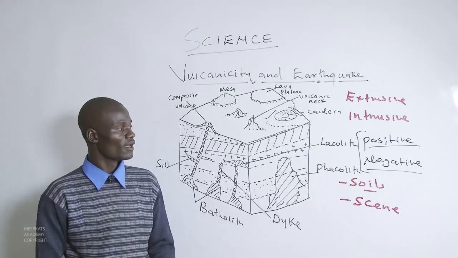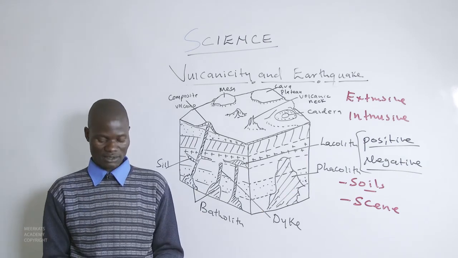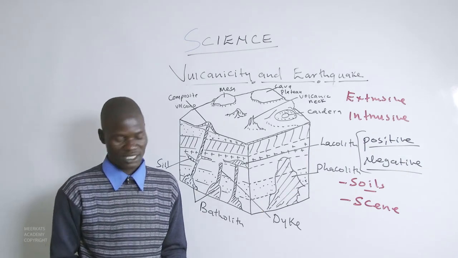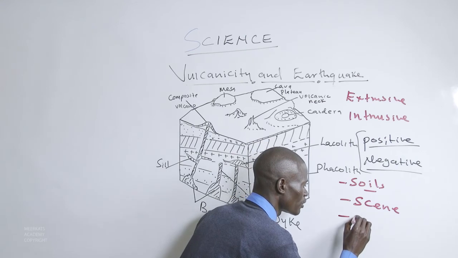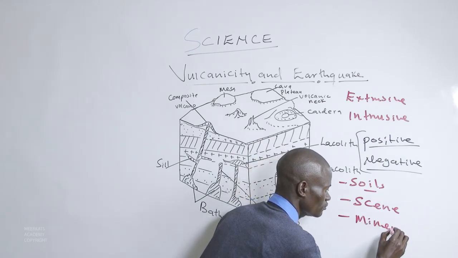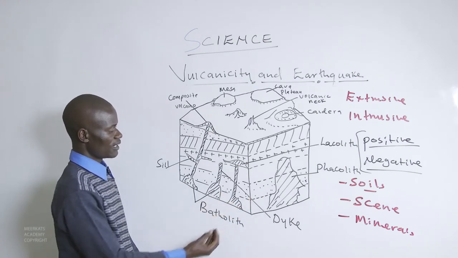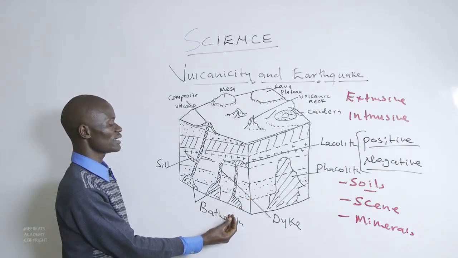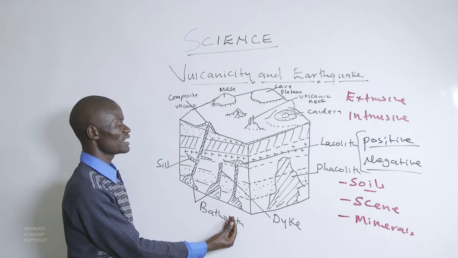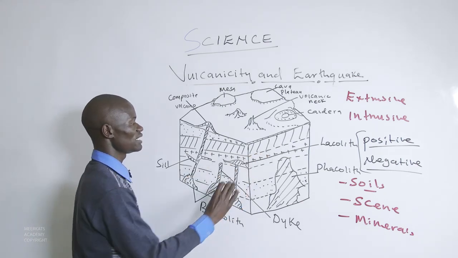At the same time, when volcanic eruption happens, they expose minerals. When you look at this feature, it is showing that there is magma that is being ejected almost within the bedding planes.